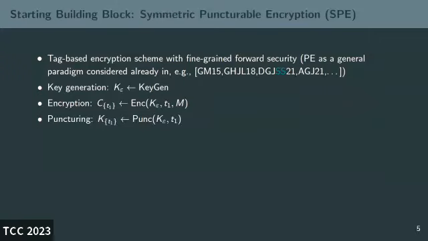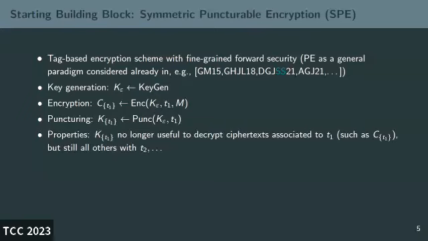And you have a puncturing method that takes as input a key and a tag, and then outputs a key that is punctured at this tag, which means that this new key can no longer be used to decrypt ciphertexts associated to such a tag, but it can still decrypt all ciphertexts associated to different tags.